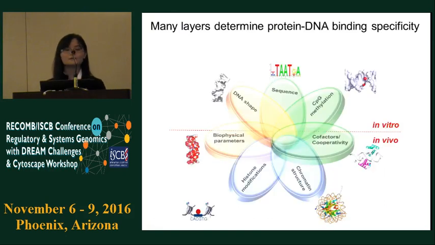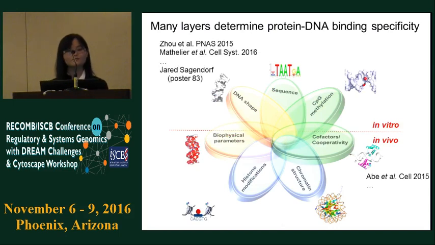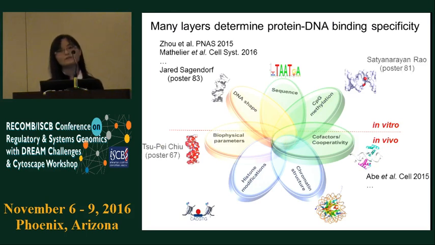During the last few years, our lab and our collaborators worked on DNA sequence, DNA shape, cofactors, and cooperativity, and studied their effect on protein DNA binding specificity, both in vitro and in vivo. Now, in our lab, Jerry is working on a database visualizing the protein DNA interaction, and Zupei is working on electrostatic potential.